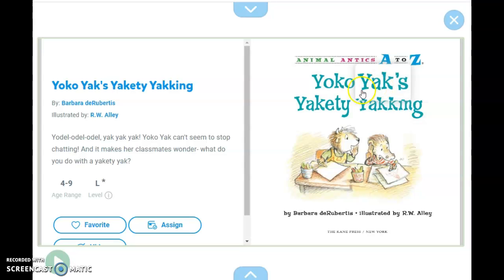We read a Y story about yaks yesterday. A yak is a big furry animal, kind of in the same family as buffaloes, cows, ox, all similar to that. So let's read about Yoko Yak's Yakety Yakking and listen carefully for those y sounds while I read.